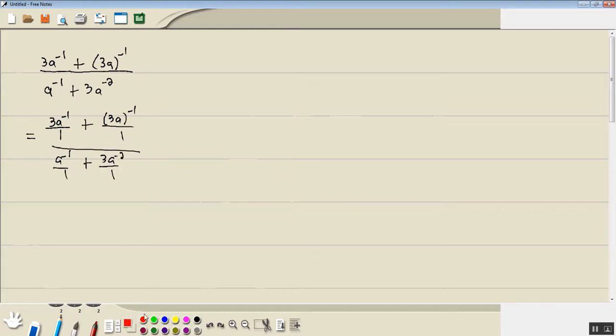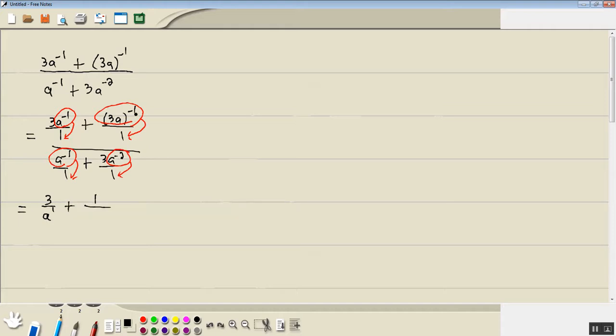Now how we get rid of negative exponents is you take them opposite where they are in a fraction. So I'll take this a to the negative 1 and move it down below. Now I'll take this entire piece here, because all of this is the negative 1, and move it down below. Here I'll take this a to the negative 1, move it down below, and here I'll move this a to the negative 2, move it down below. So that's going to give us 3 over a to the first, plus 1.